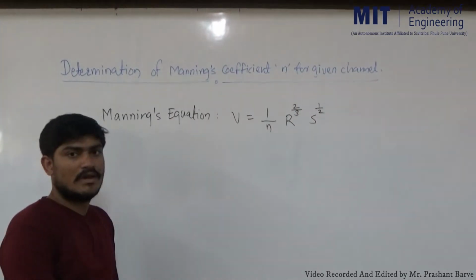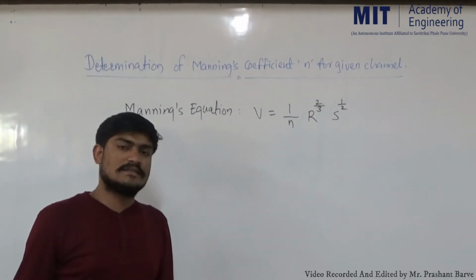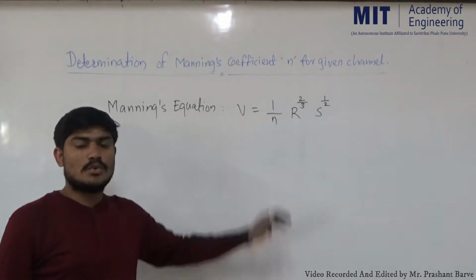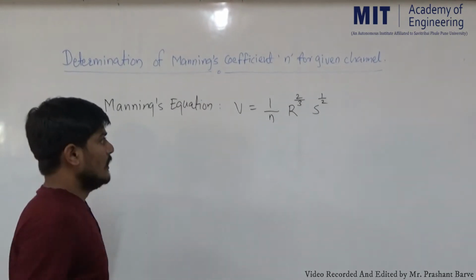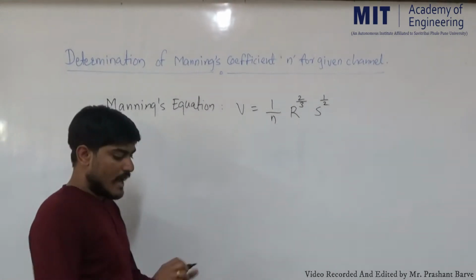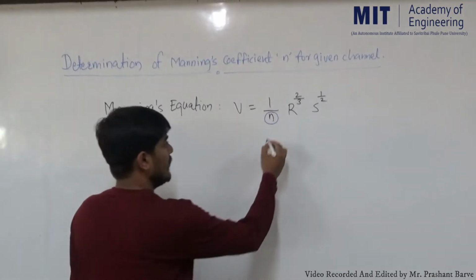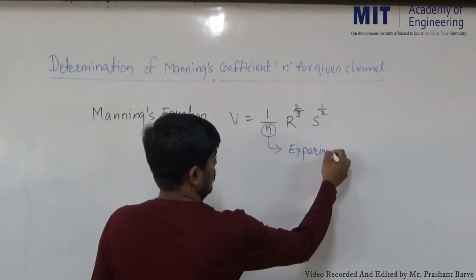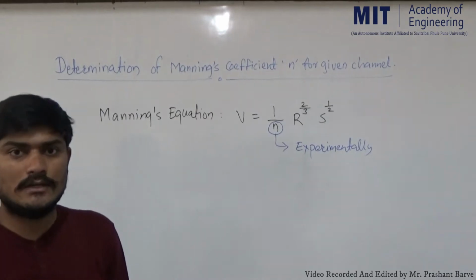This is a very popular equation that everybody knows, that is Manning's equation. We can make use of this equation to determine the velocity of fluid through an open channel. Today we have to determine this value of n experimentally. So this is our objective for today's practical.